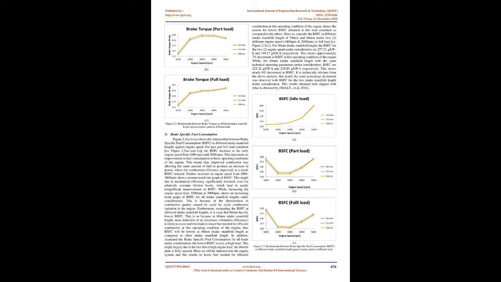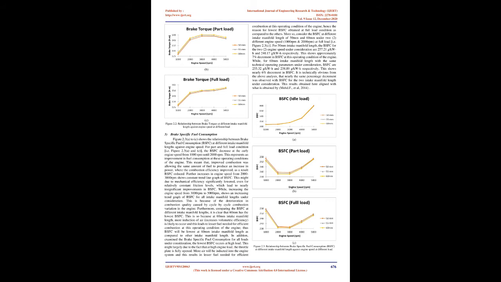This presents almost 17% increment in BT. Thus, it can be concluded that nearly the same percentage increment in BT for the two intake manifold lengths under consideration was obtained. The results obtained here are coherent with what was obtained by Jagdish B. and Nilam P., 2016, and Maud F. et al., 2014.